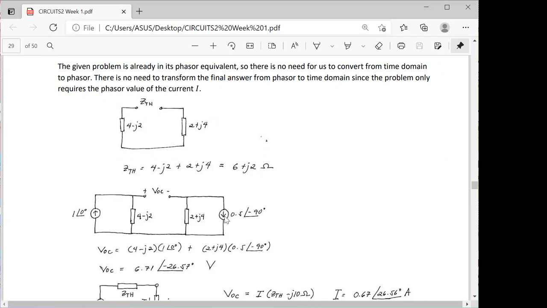Following this direction, the sign corresponds to negative: negative of 0.5 angle negative 90 times 2 plus J4. Then followed by the voltage drop across the second combination here. Again, the sign is negative since the direction of our loop here is clockwise.